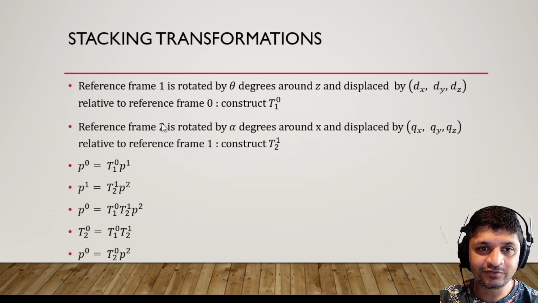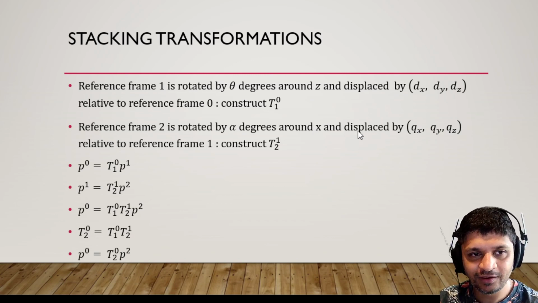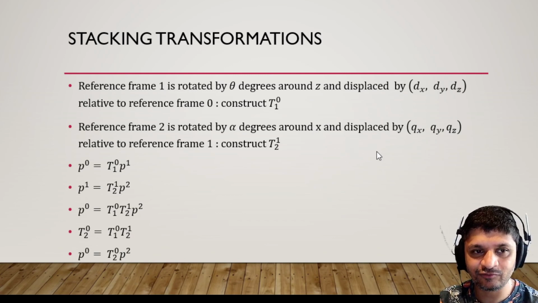And then if I said reference frame 2 is rotated by alpha degrees around x and displaced by qx, qy, qz relative to reference frame 1, I could construct a transformation matrix that goes from reference frame 2 to reference frame 1 the same way. I use my alpha degrees around x to get a rotation matrix, and I augment it with my displacement, which in this case is qx, qy, qz.